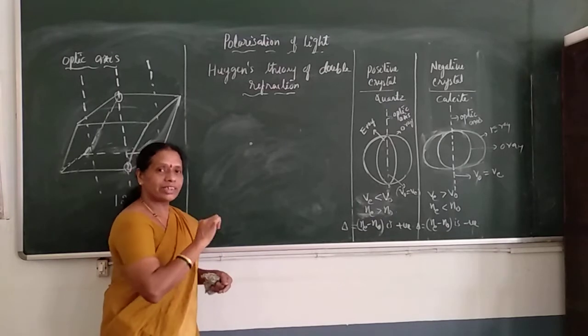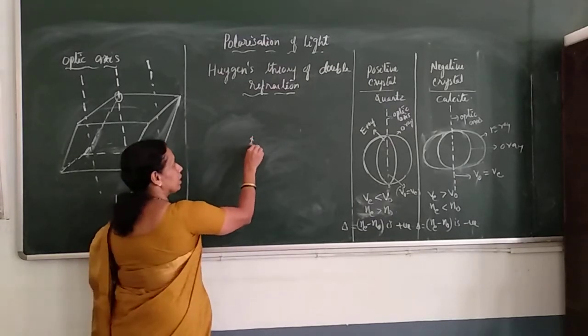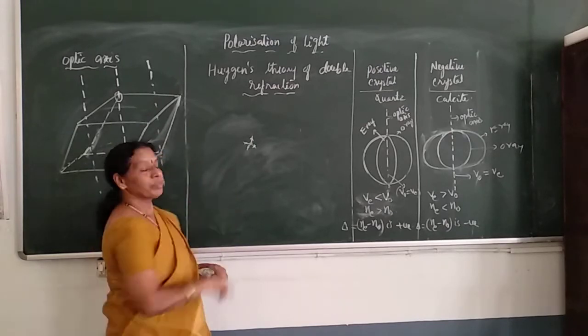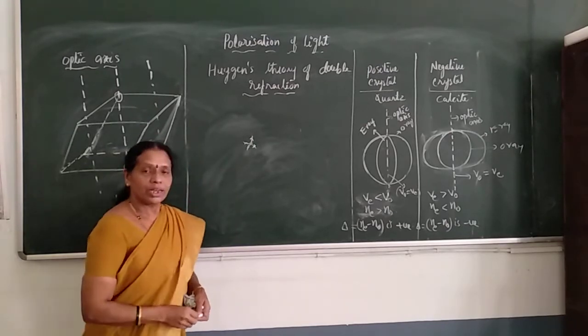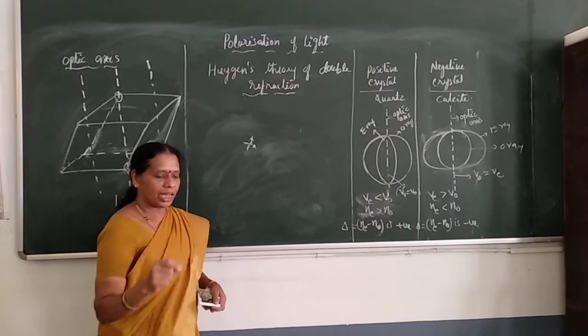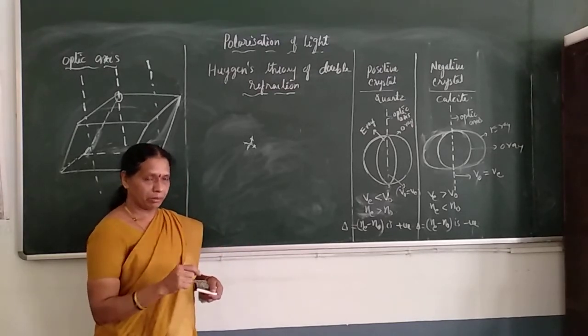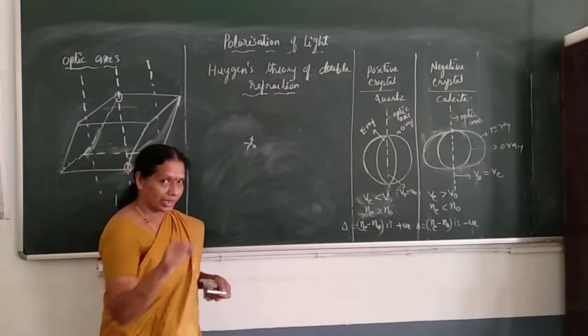This source sends out light in all directions. Light spreads in the form of wavefronts as per Huygens wave theory. In an isotropic medium, light travels with the same speed in all directions.